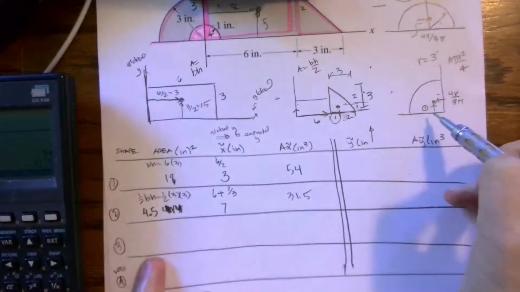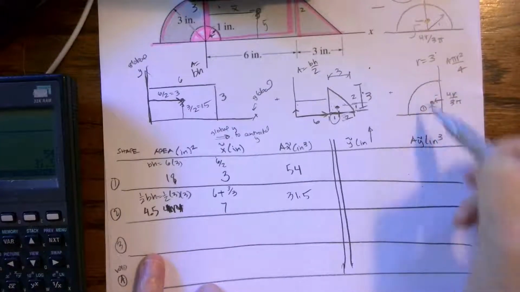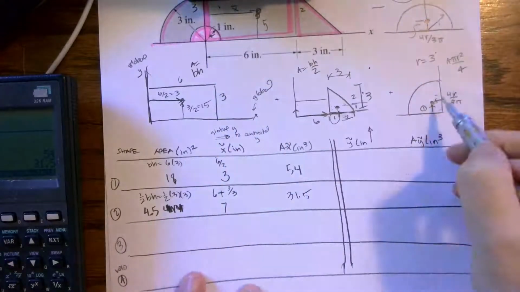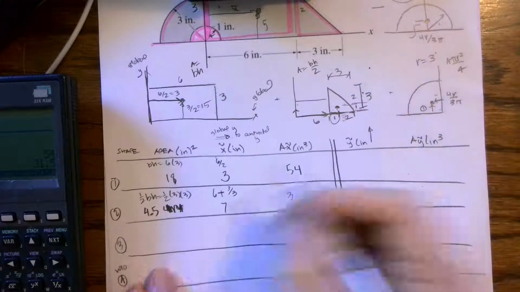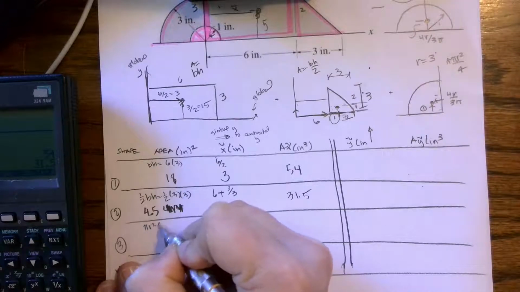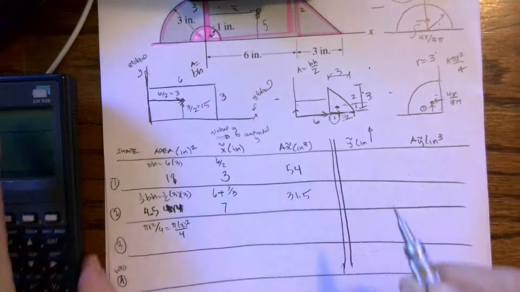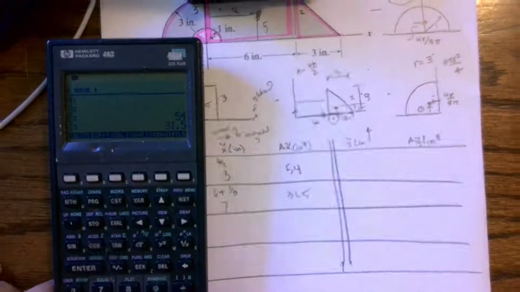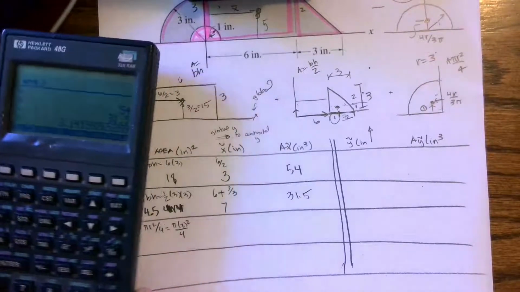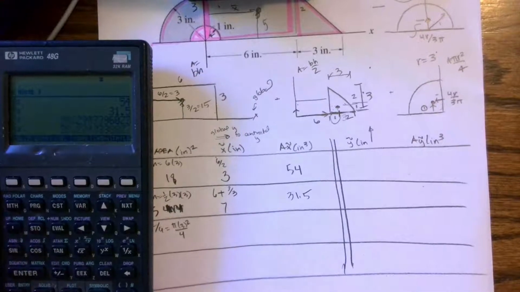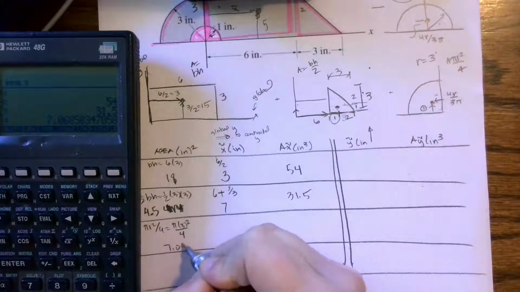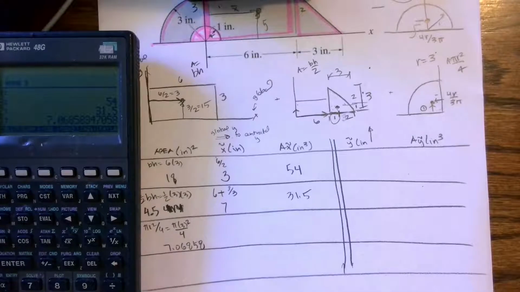Now we need to look at our quarter circle. Again, it's solid because we're going to punch that out in a minute. Okay, area, pi r squared over 4, so we have pi 3 squared over 4. Pi, 3 times 3 times pi divided by 4, and I get 7.06858.